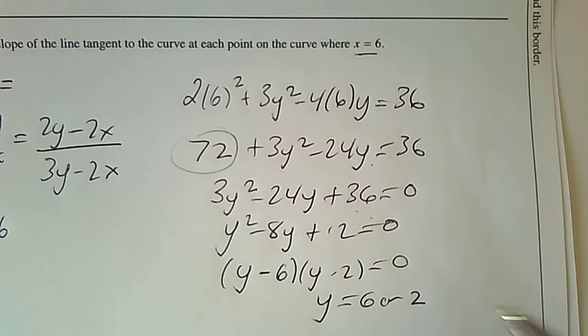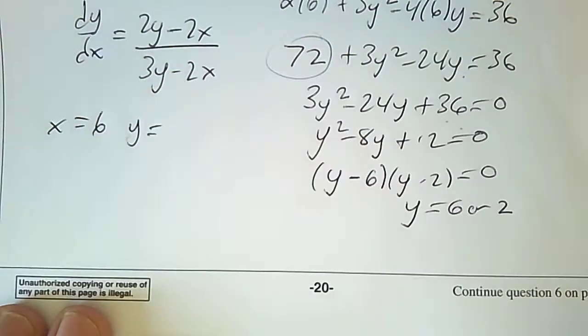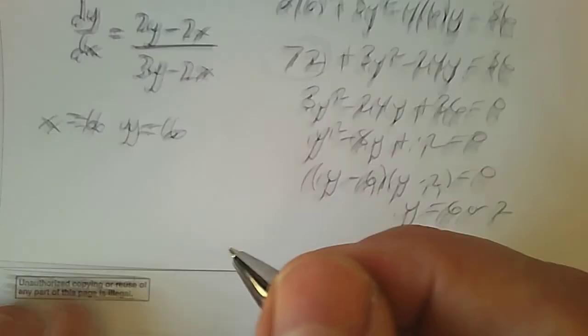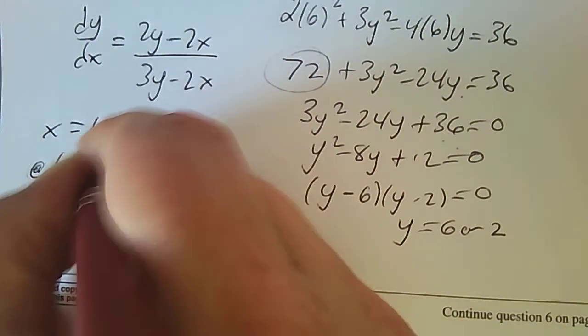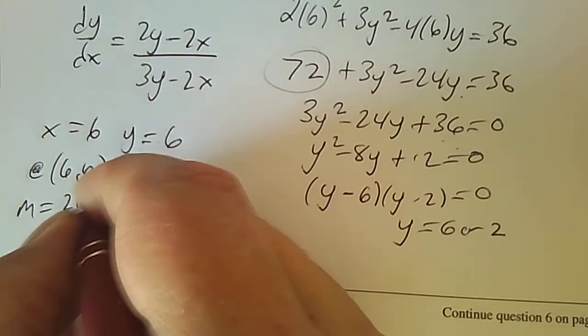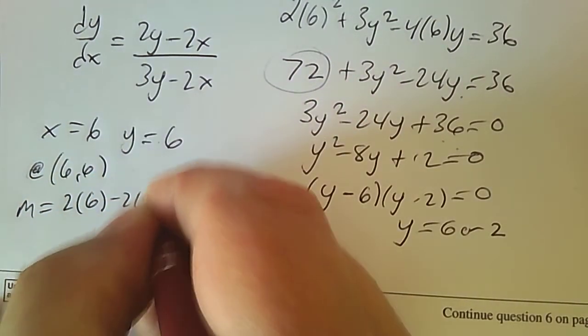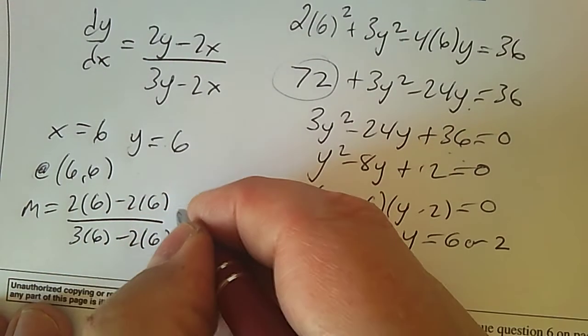There's actually two answers here, one for 6 and one for 2. So if we try 6 first, at that point, what is the slope equal? We don't need to reduce down. Plug in 6, and you have your answer.